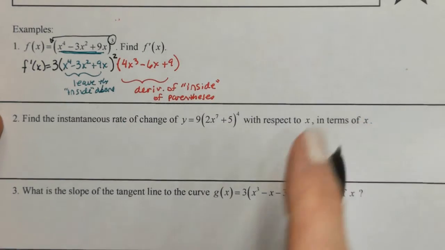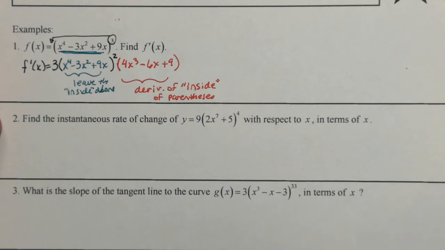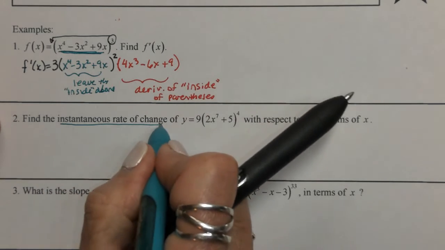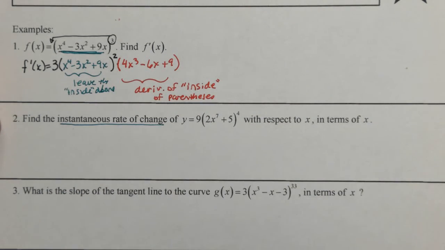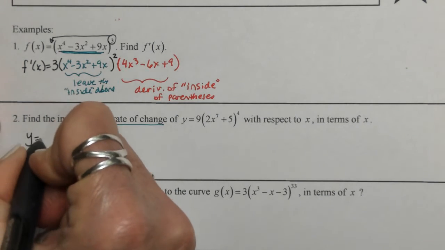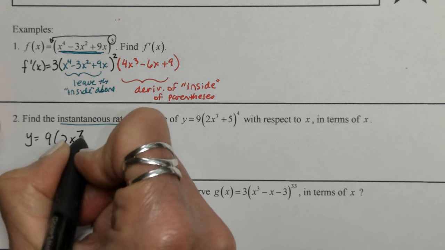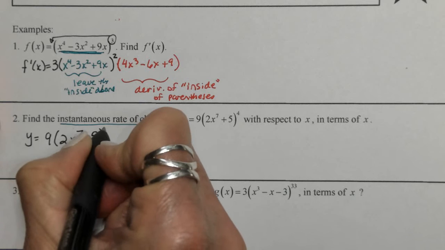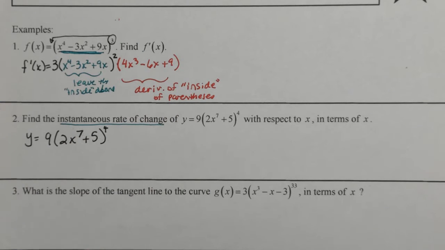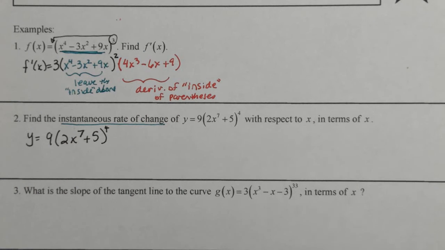Number 2, find the instantaneous rate of change. That's just another way to say derivative of this function. So y is equal to 9 parentheses 2x to the 7th plus 5, all raised to the 4th power. Okay?